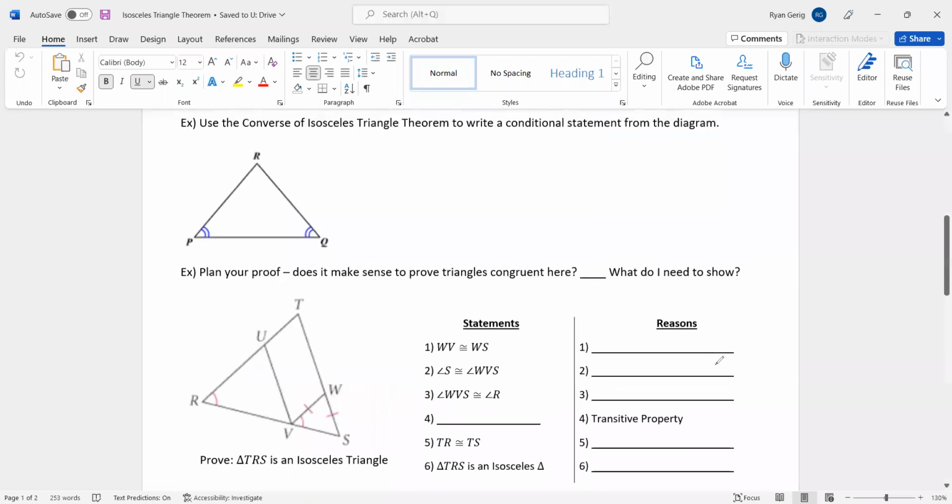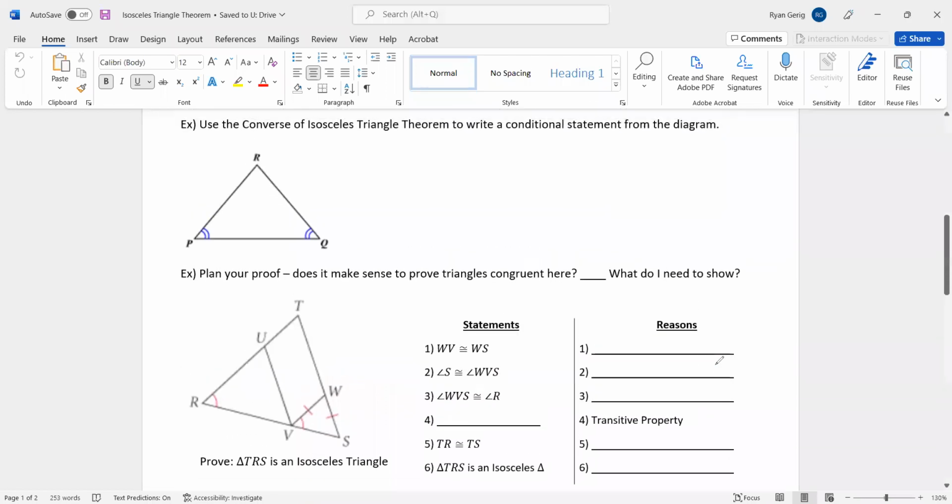So here's another picture. If angle P is congruent to angle Q, what can I then conclude? That's what I'm wanting you to do here.